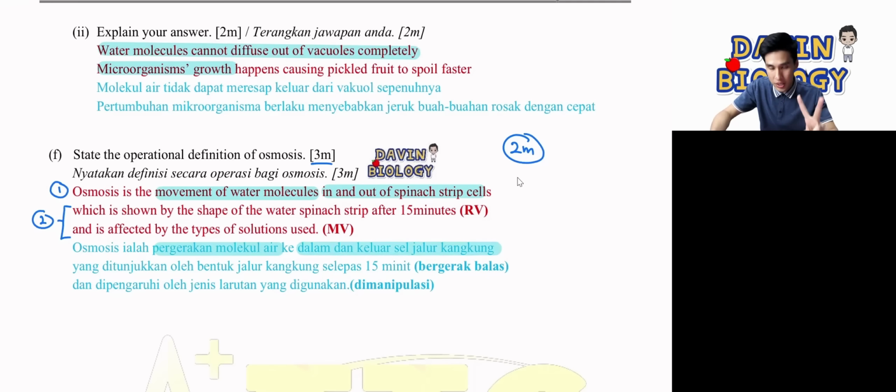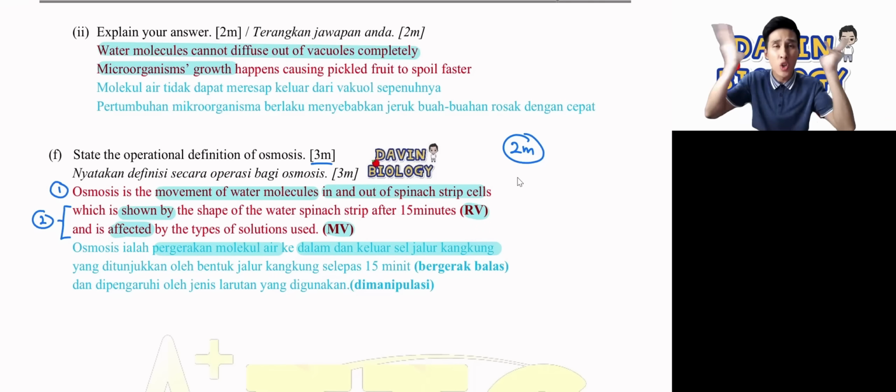Then for the other point, you must write like this: shown by the shape of the spinach strip, meaning shown by your responding variable, affected by your manipulated variable. So no matter what experiment you do, responding is always affected by manipulated. Pembolehubah bergerak balas dipengaruhi oleh dimanipulasi. It's always the same.